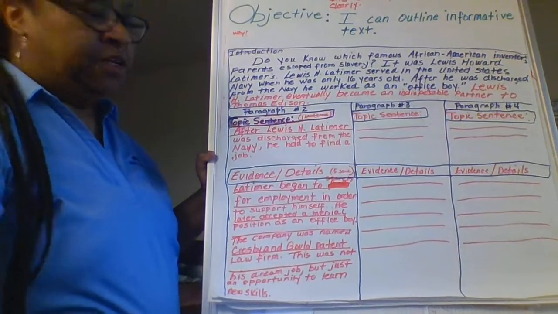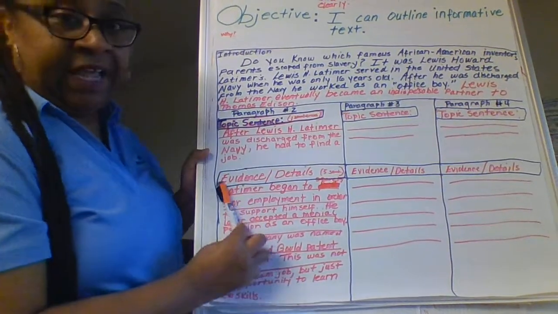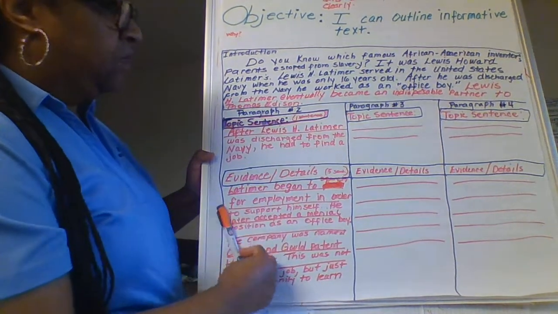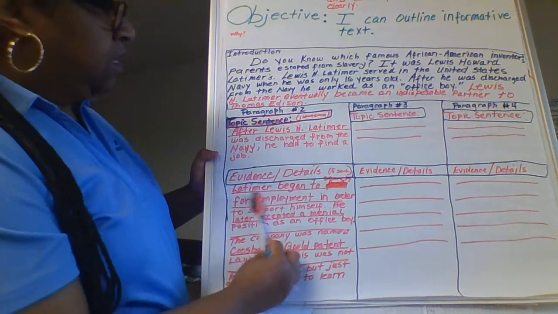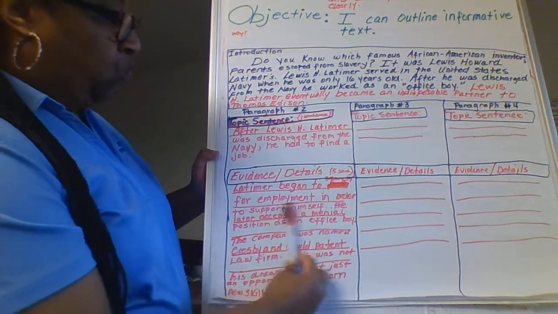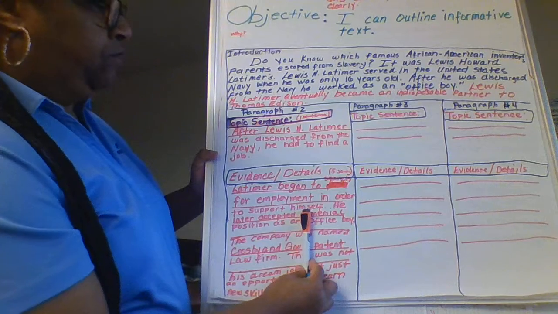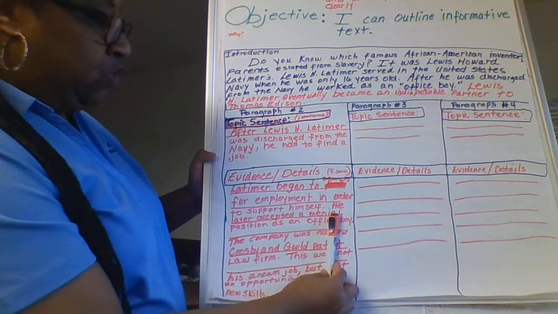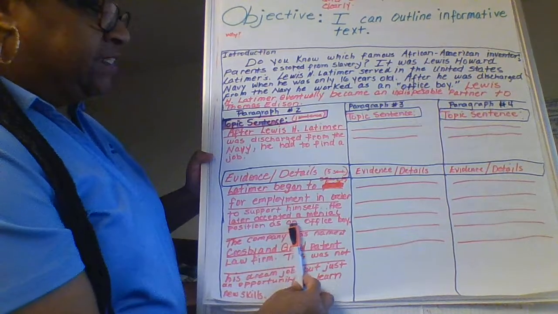Okay, I want to make sure you can see this. My evidence for this topic sentence reads, Latimer began to search for employment in order to support himself. He later accepted a menial position as an office boy.